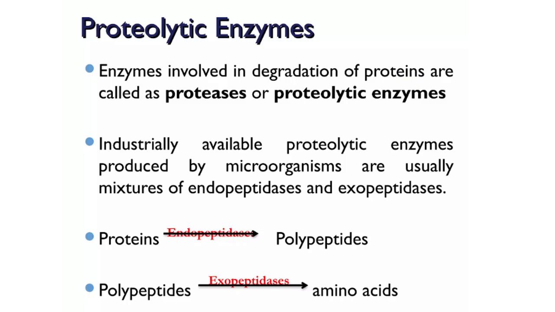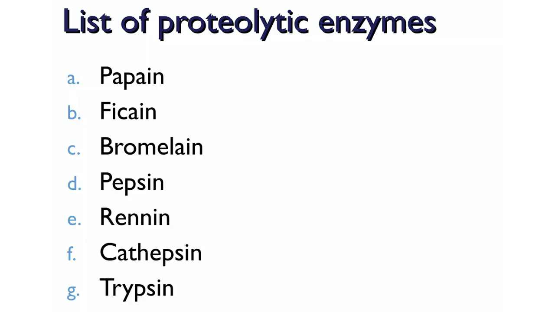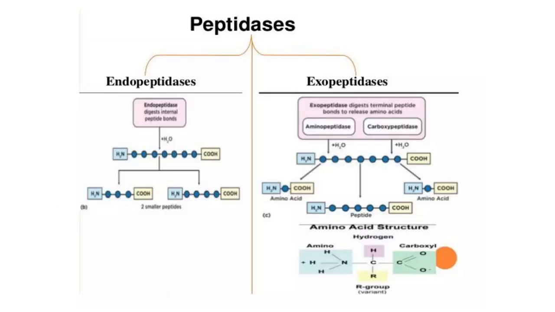Endopeptidases convert proteins into polypeptides, and exopeptidases convert the polypeptides into smaller fragments, amino acids. Some proteolytic enzymes are papain, ficin, pepsin, rennin, trypsin.